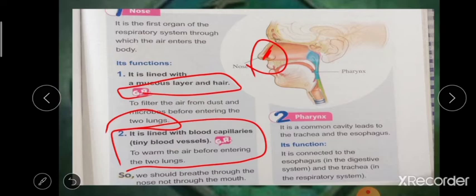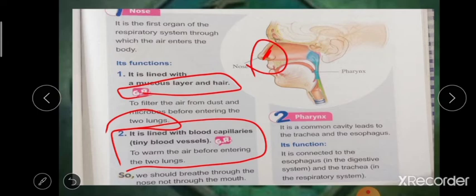So it is preferable to breathe from the nose, not the mouth. If asked to give a reason, in this case we write both. But the answer will be what? Because it is lined with a mucus layer and hair to filter air from dust and microbes before entering the lungs. Also, it is lined with blood capillaries to warm air before entering the lungs.